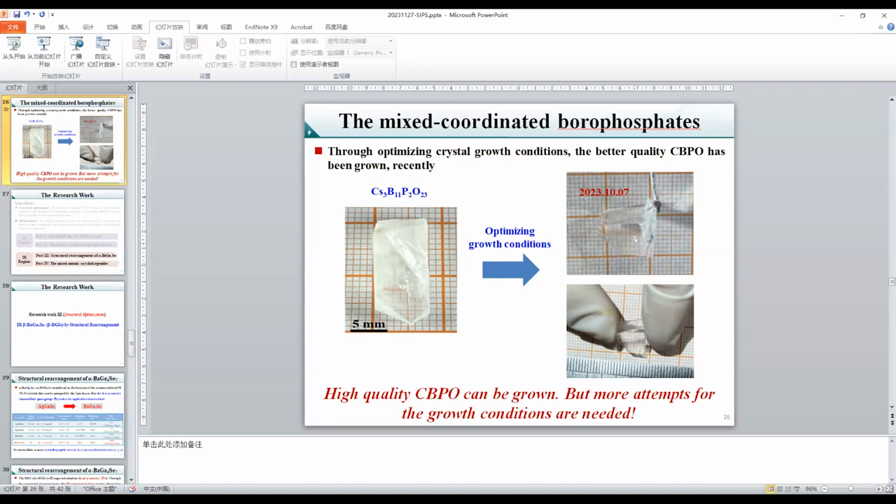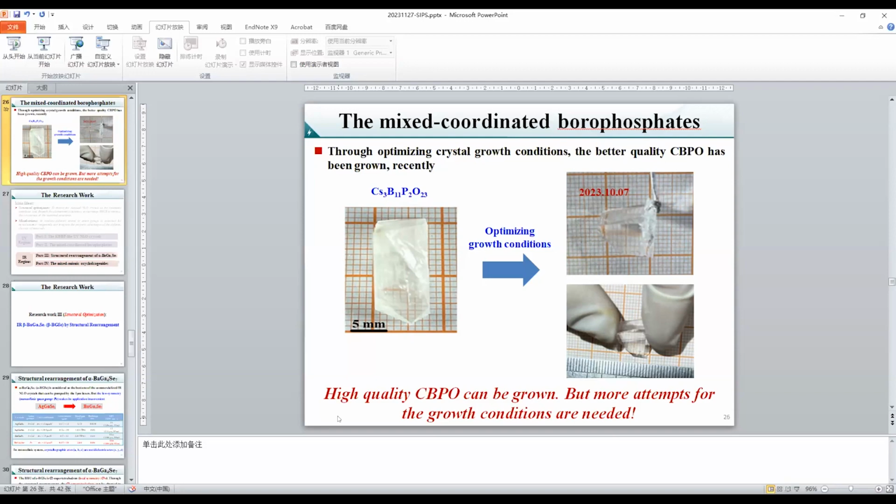We can say the crystal we grew recently is very clear and has no inclusions. So we believe that high quality CPPO can be grown, but more attempts at the crystal growth conditions may be needed.